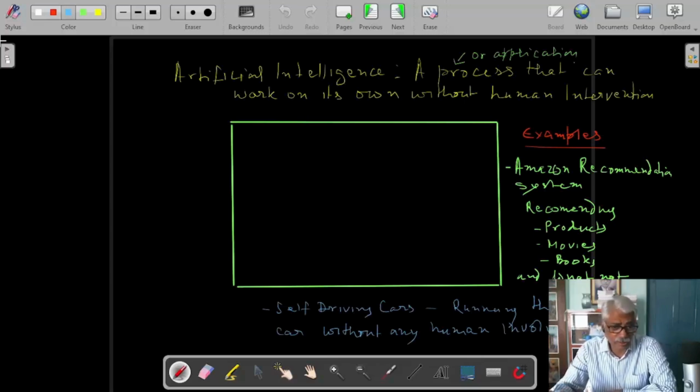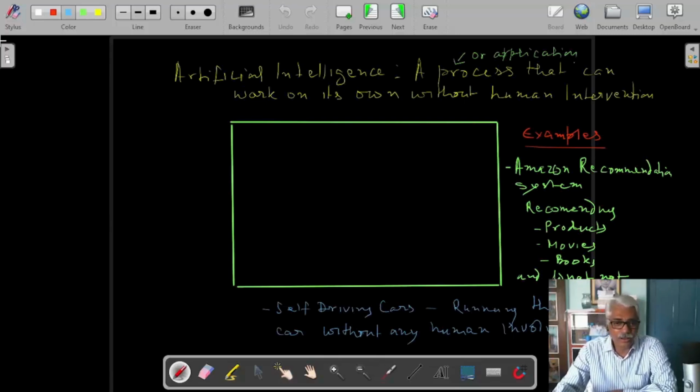The other example is the self-driving car, where once you have given the destination, it will automatically find its own way. It will find the shortest route, and it will find the least busy route, where there is no crowd or less traffic.